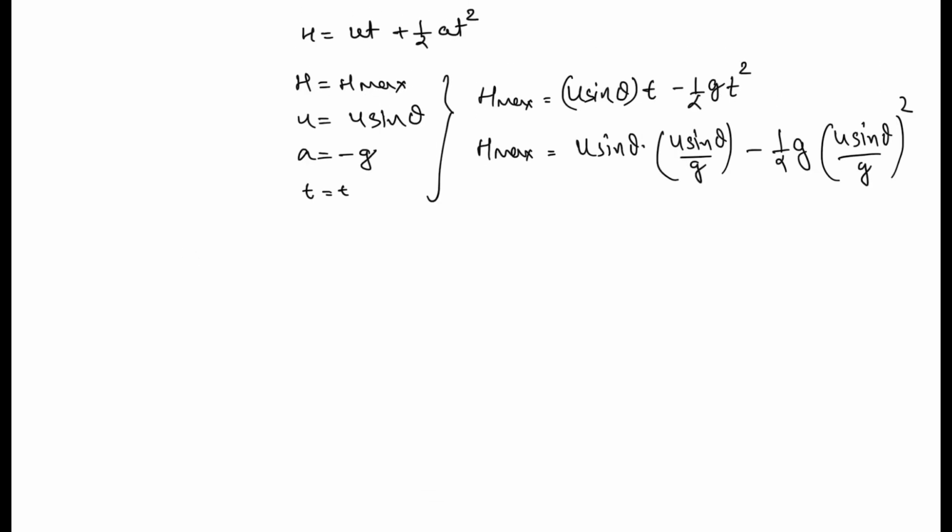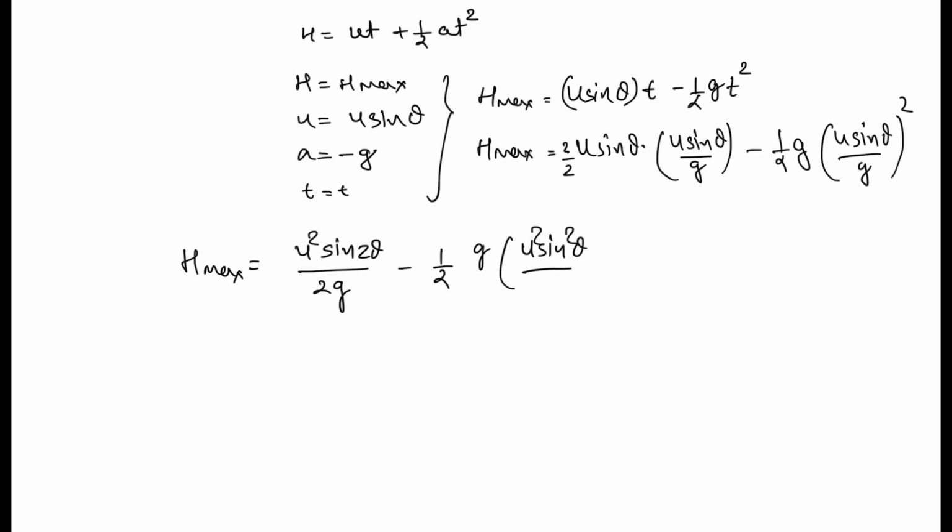So we can write h max is equal to u square sin 2 theta divided by 2g minus half g into u square sin square theta divided by g. Sorry, here it is sin square theta. It is not 2 theta, it is sin square theta.